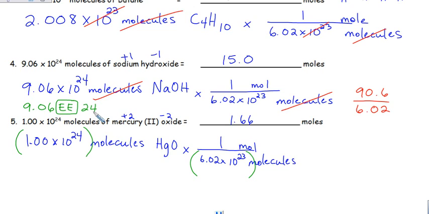So I can plug in 9.06 EE24 divided by, and then same thing here, 6.02, then hit your EE key, 23. That should give you 15.0 moles. Which again, I used 3 sig figs because the original 9.06 had 3 sig figs. In scientific notation, your significant figures are what's left out in front.